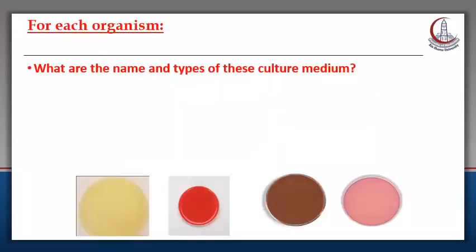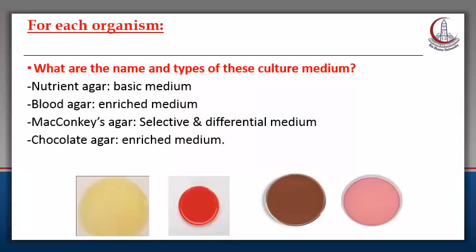In this patient, as we are suspecting the most common causative organisms for the typical pneumonia, which were Strep pneumoniae, Klebsiella, Pseudomonas aeruginosa, and Haemophilus influenzae, the plates we are using are in front of you as follows. The first plate called nutrient agar. Yes, it's yellow and transparent. Its type is basic medium.